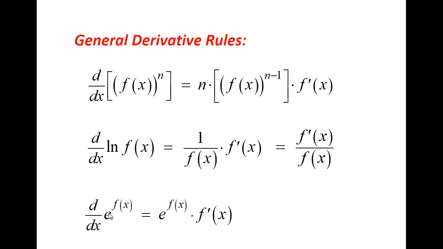Now the derivative of the outside e to the x is e to the x, and then you have to evaluate that at f of x, and then multiply by the derivative of the inside, which is f prime of x. So this derivative here is by the chain rule again. And to simply put it, whenever we have an exponential function like this, e to the power something, the derivative would be itself multiplied by the derivative of the exponent.